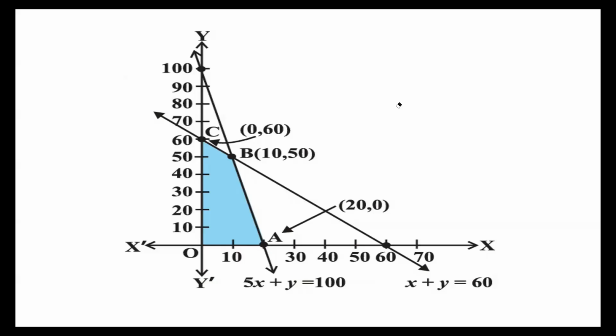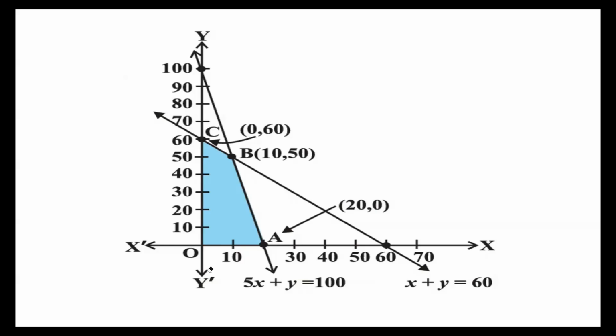You would think that the person would buy at least one table or one chair, so those points with zeros may not do the trick, but it's good to try them. And then you have the 10, 50. The maximum or minimum will occur at these nodes, these corner points, you call them nodes or corner points, right?